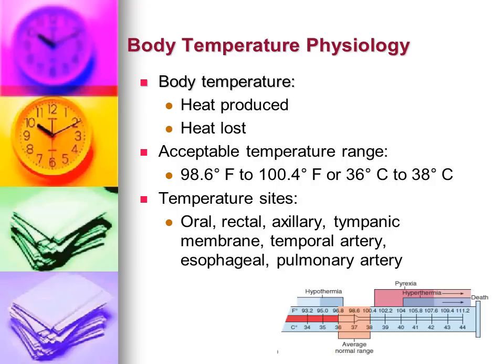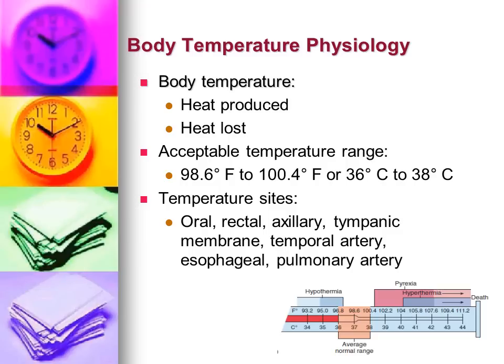The time of day also affects body temperature, with the lowest temperature at 6 a.m. and the highest temperature around 4 p.m., and this is in healthy people. Invasive measurements, such as with a pulmonary artery catheter, are considered core temperatures, whereas axillary temperatures are reflective of the surface temperature of the body.